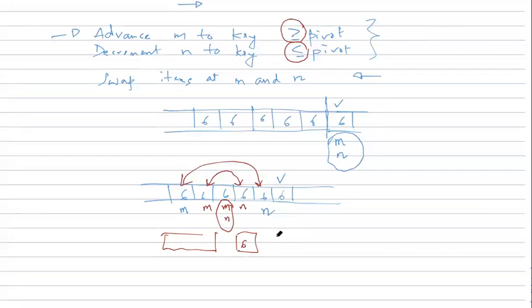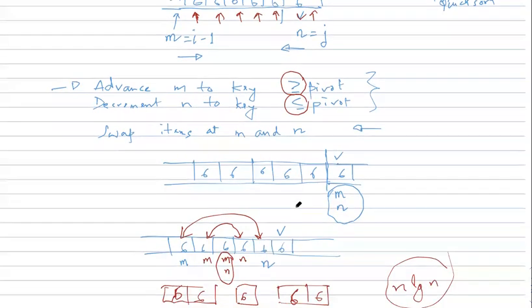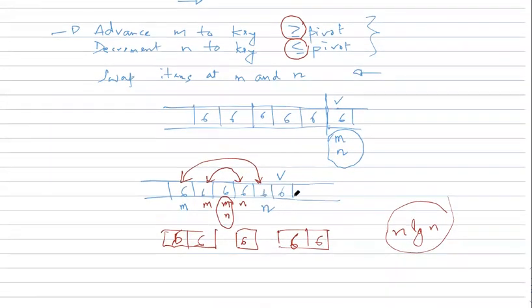So 6 is here, 6 is here. And as a result, the algorithmic complexity would remain as n log n in the presence of multiple entries. So it's a very, very subtle point, but very important for us to appreciate that every single detail matters in order to create an efficient algorithm.